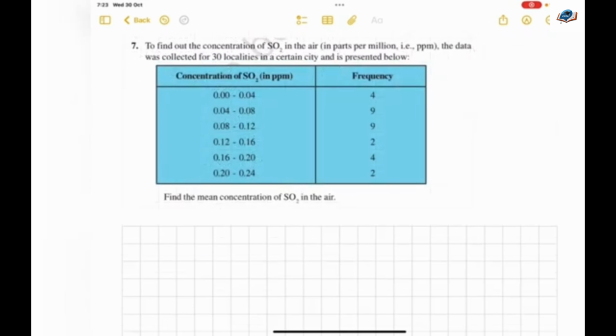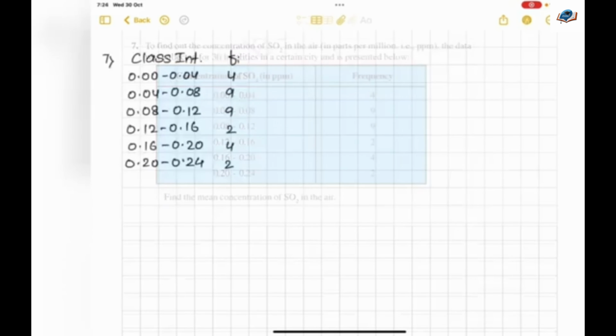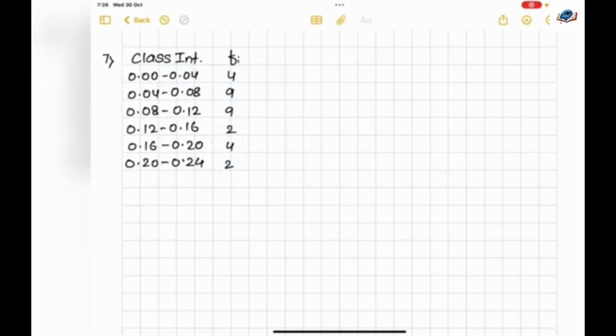Now, seventh question says to find out the concentration of SO2 in the air in parts per million, i.e., ppm. The data was collected for 30 localities in a certain city and is presented below. Find the mean concentration of SO2 in the air. So, first of all, I have arranged the class interval and fi.